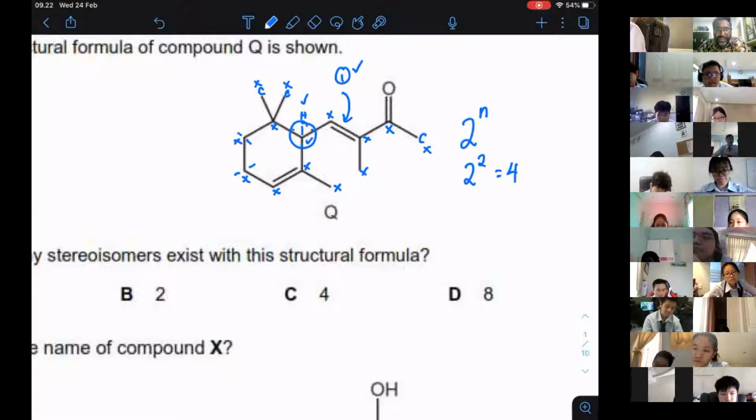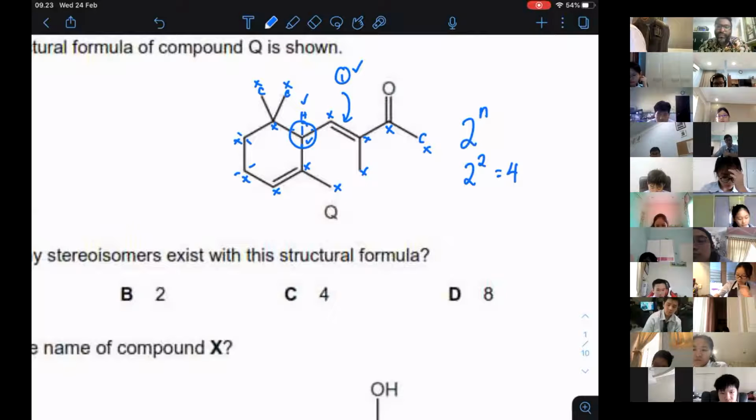So if you wonder how come we are using this formula 2 to the power of n, it's not that frequent. I want you to understand, they don't ask this frequently. When they ask, I want you to be ready. This is very important. When they ask, get ready with that formula and utilize it.